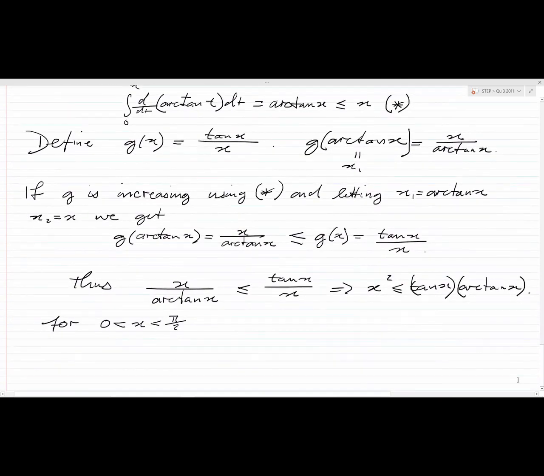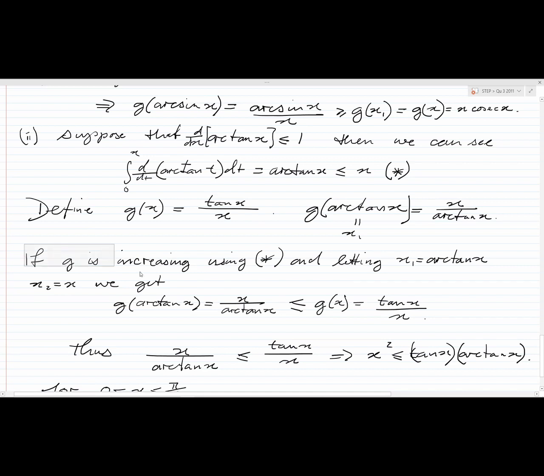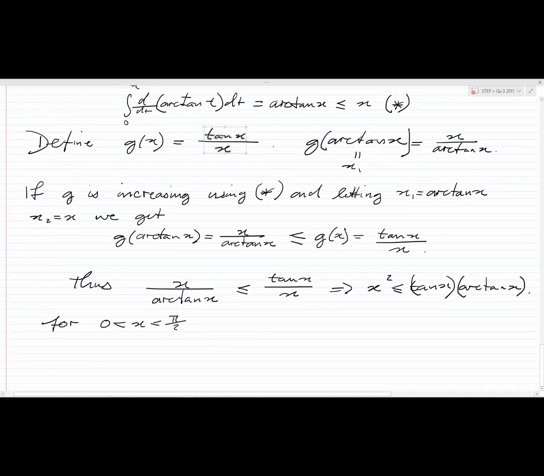Now we're just going to have to prove one thing though, because we had to say if g is increasing, but we haven't actually proven that. We have no idea whether g is increasing, but we're going to have to prove that. If we prove that though, then we get this inequality and we're done.